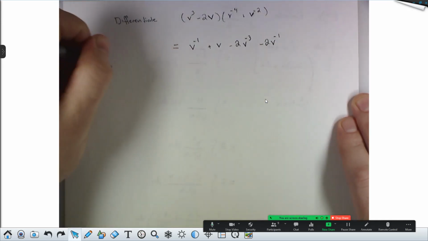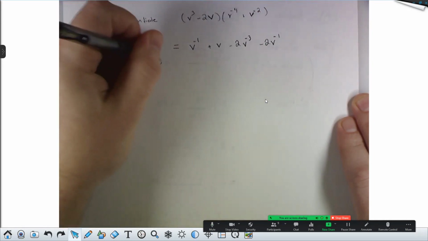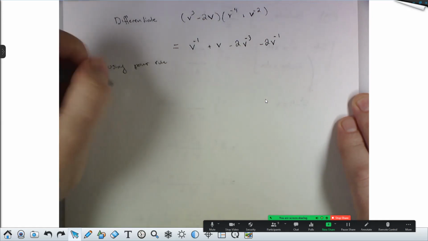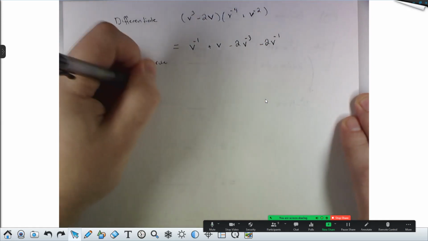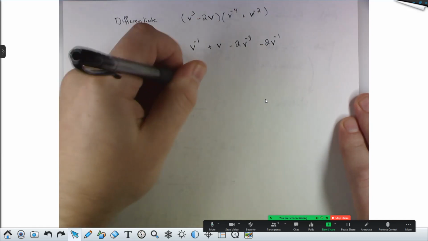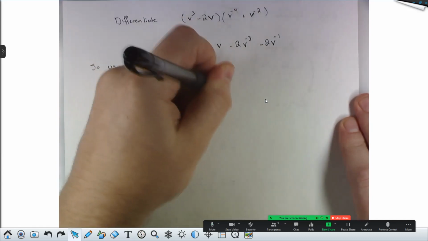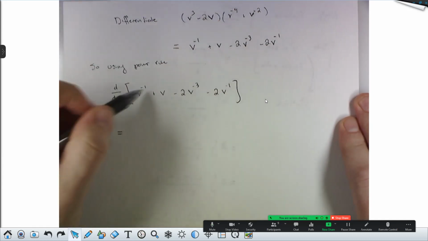So using the power rule, we get that the derivative d/dv of v to the negative 1 plus v to the 1 minus 2v to the negative 3 minus 2v to the negative 1 is equal to, power rule here, we bring this down and then reduce the power by 1.